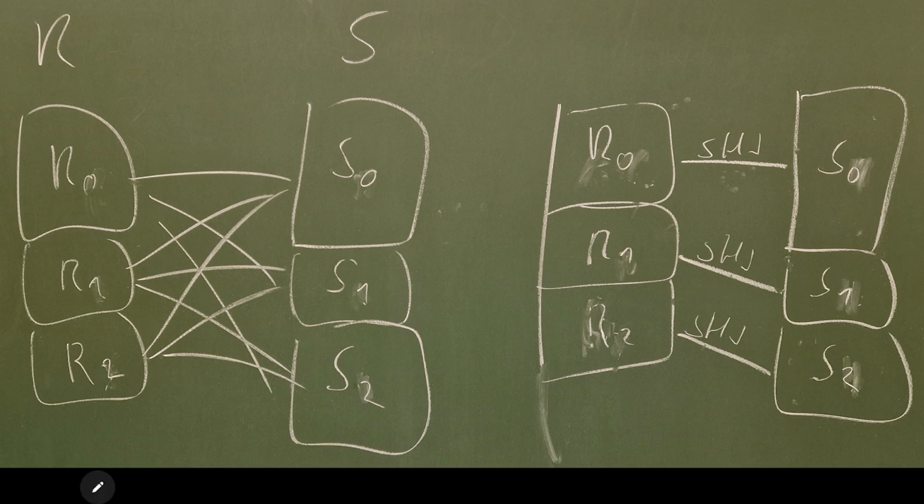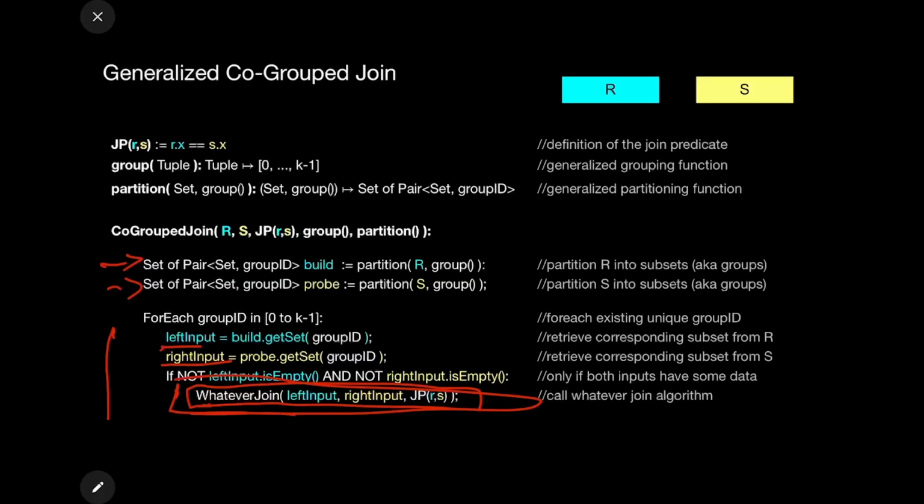So how could I do that? How could I co-partition my data?